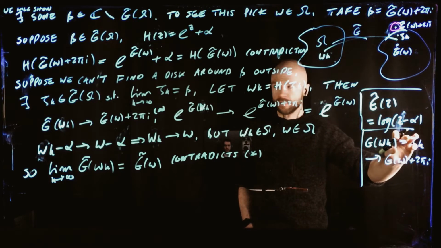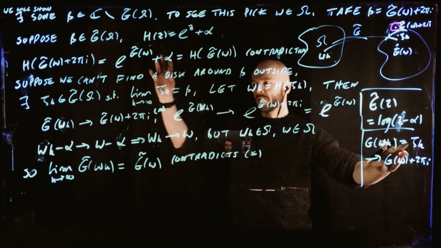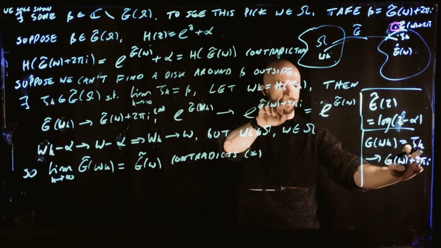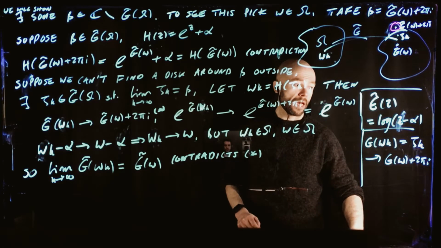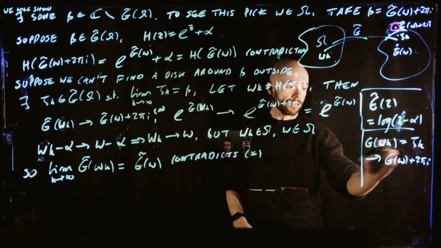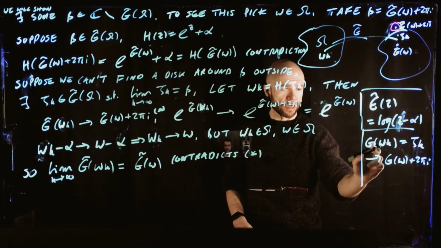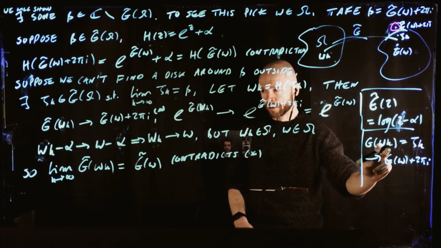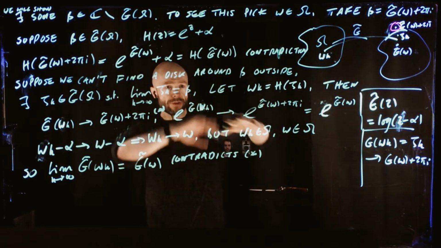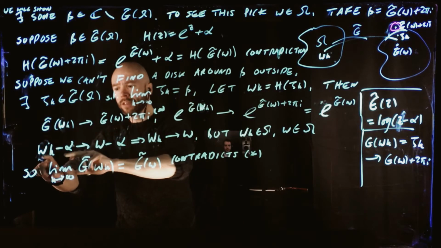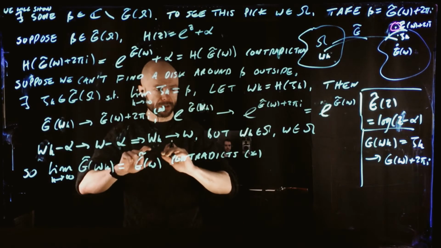This is the relation we have here. We apply G to both sides, and we get this relation. And so this is just expressing that zeta k goes towards this, but now in terms of G of wk. Then we took the exponential function, which is defined everywhere. It's continuous on both sides, and that actually gave us that wk tends towards w as a consequence.